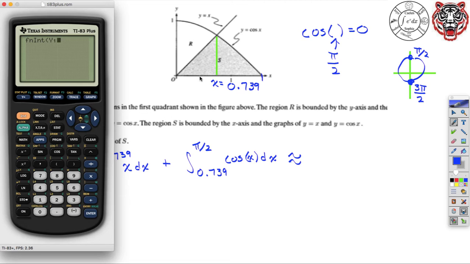Just to make sure that they match up, always choose the first function to be whatever the leftmost area is intersecting. So y1 with respect to x from 0 to 0.739. And that is going to be added to the integral, so math 9 of vars right, enter 2, y2 with respect to x from 0.739 to pi over 2, second pi divided by 2.